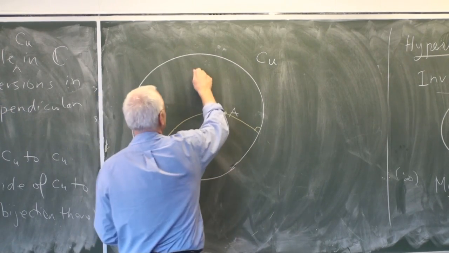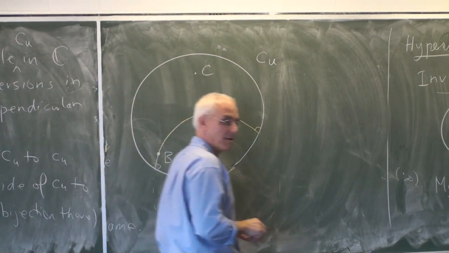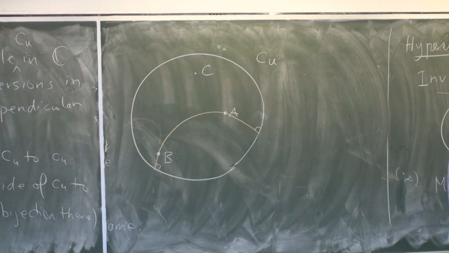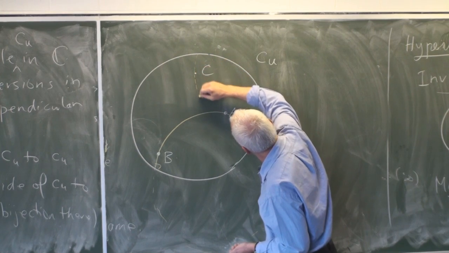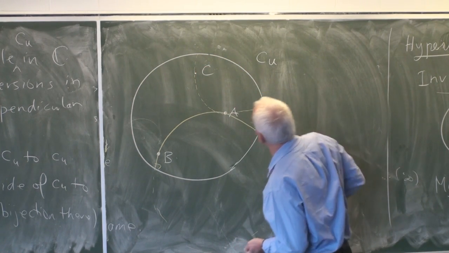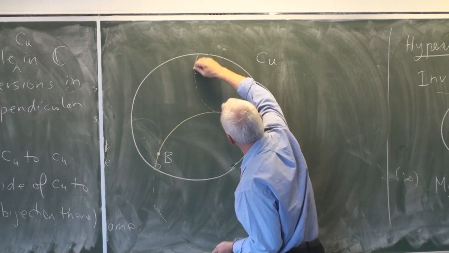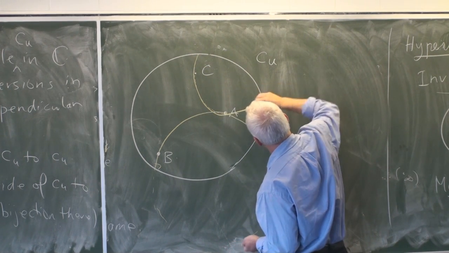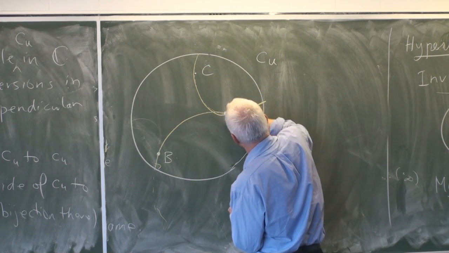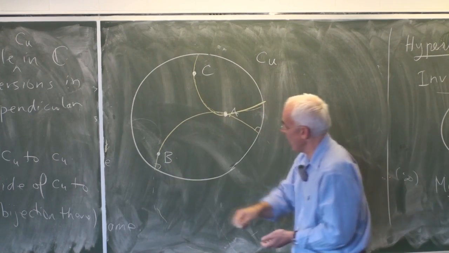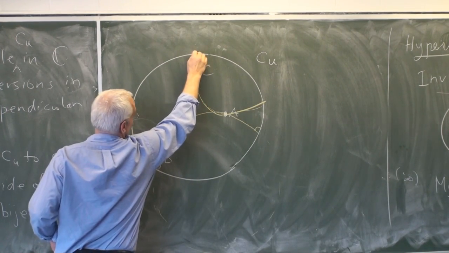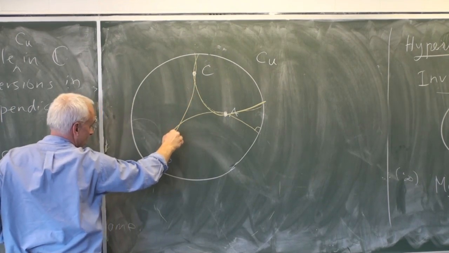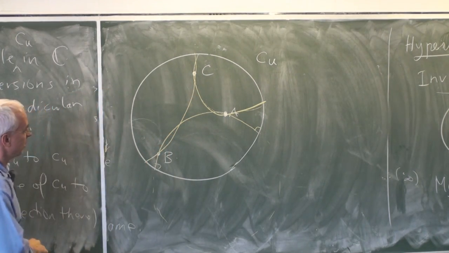Suppose we have another point over here, say C. Then we can also draw the line through A and C. It's going to be some circle like this. And the line through C and B. Okay, maybe something like that.